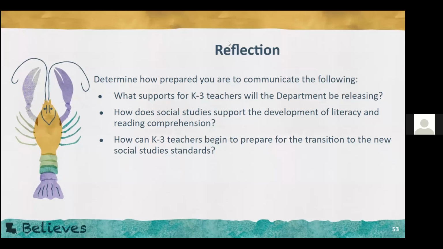And then how can K-3 teachers begin to prepare for the transition? They can build their content knowledge using the resources we just talked about or other things. And about that too, if people want additional resources for building content knowledge, that's certainly something we could investigate.